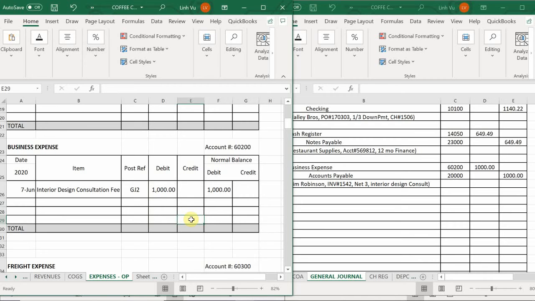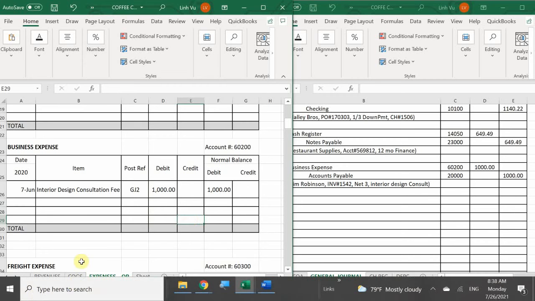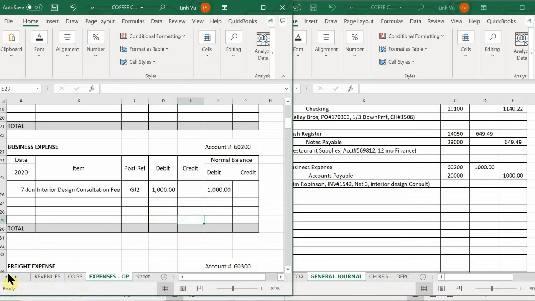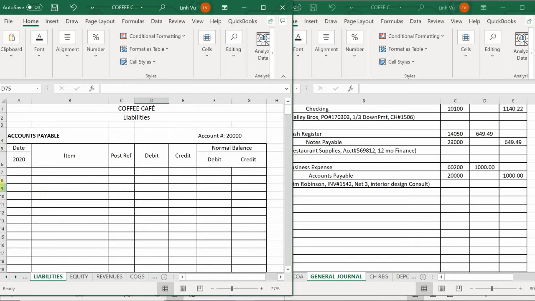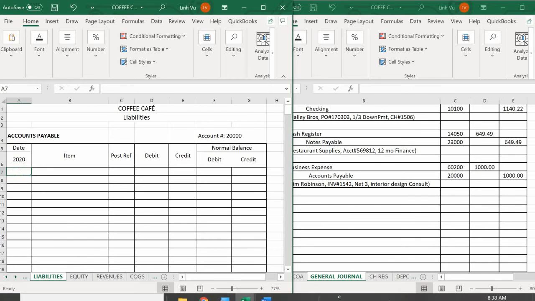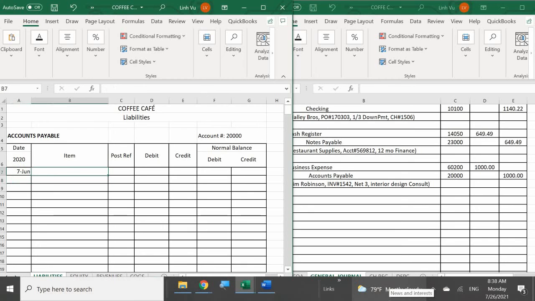So not our very first liability account, but a very first entry into the accounts payable account. So we go to liabilities. This is going to be the first of many. So 6, 7. And here I'm just going to put invoice number 1542.